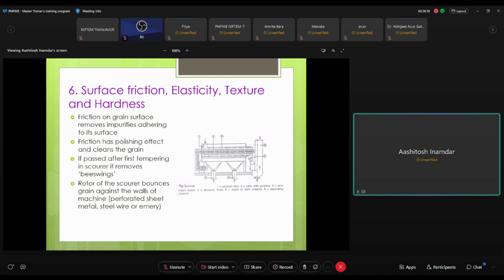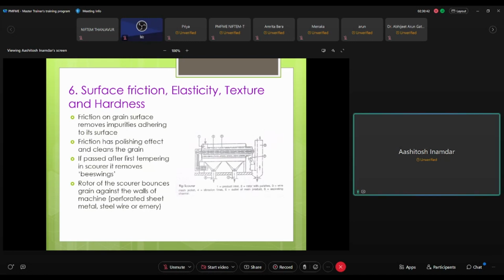So this will lead to removal of the outermost layer, and that will come out from the perforation of the screen, and the clean grain will move forward. With this, we have removed dust on the surface, we have removed the pesticidal residues, if any, on the surface, and clean grain is moved forward.